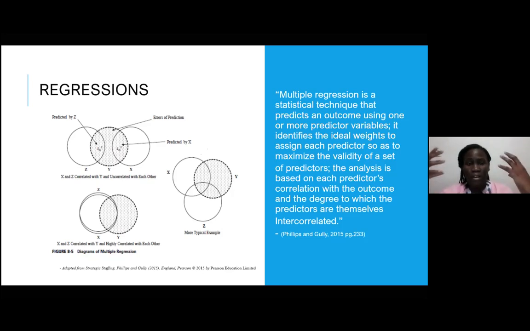So let's say you're looking at your predictor variables as X and Z, which include, let's say, a cognitive ability test and structured interview scores. You would want to have a small overlap existing within all three circles.